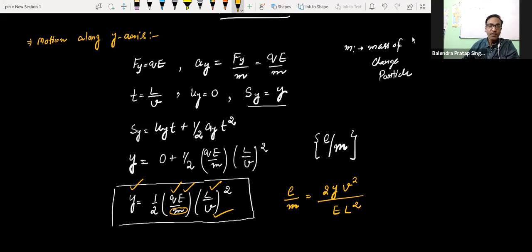Maybe in your previous class you studied torque in rotational mechanics. If you don't know what torque is, I will discuss it in brief. And the value of torque when we put an electric dipole in some external electric field is the topic I will discuss in my next class, on Monday.